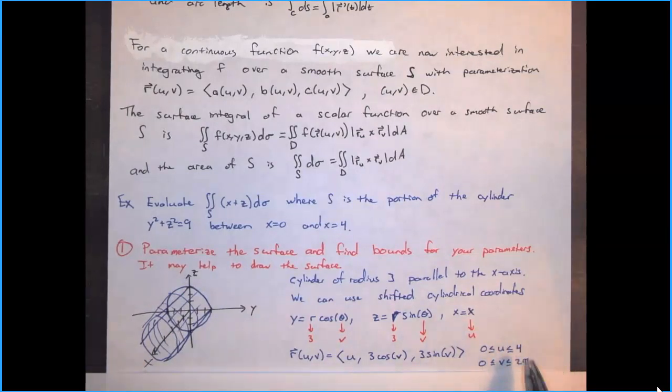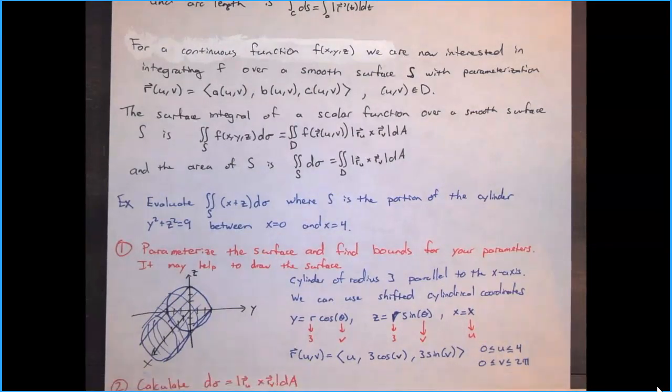So D would be a rectangle in the uv plane, some other parameter space, because here u is going from 0 to 4, v is going from 0 to 2 pi, so u and v can take on any combination of values in these intervals. That gives me a rectangle. So that's the difference. S is the actual cylinder, but once I parameterize it, I'm only going to integrate over this rectangle. Okay, so that's the first step.